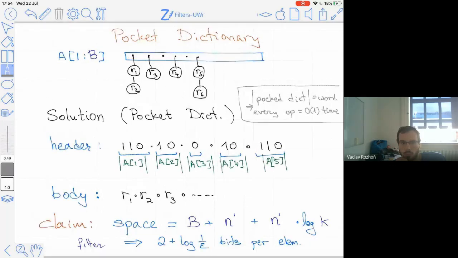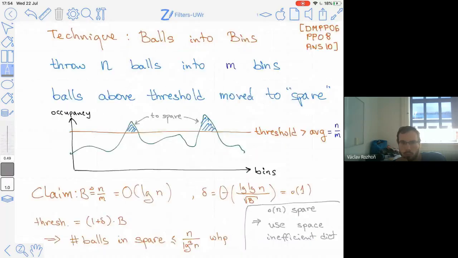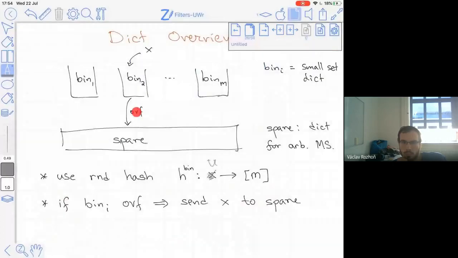A second technique is to look at the load balancing. Let me go back to the architecture. We want to analyze how many elements assigned to bins cannot fit in the bin and have to go to the spare, because we want to bound the size of the spare.